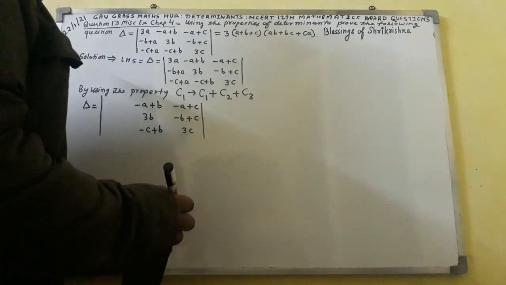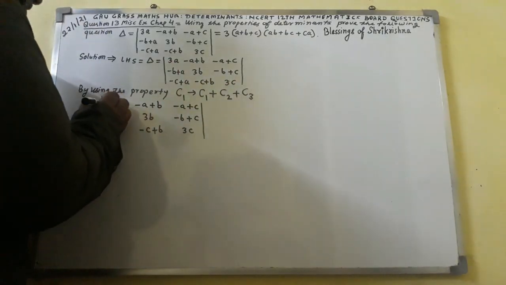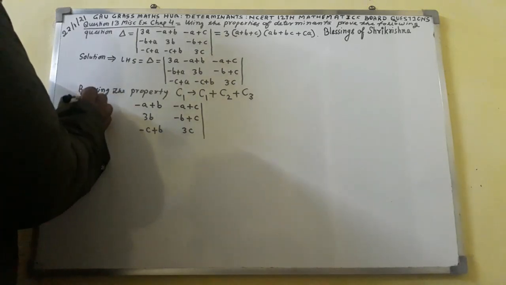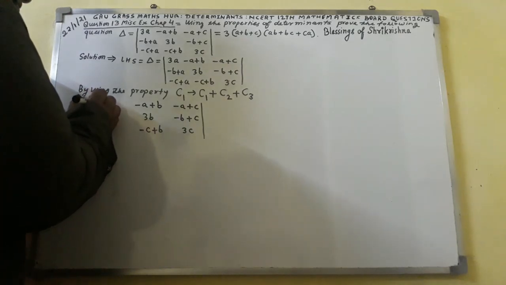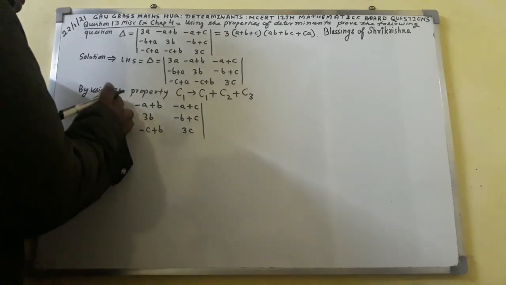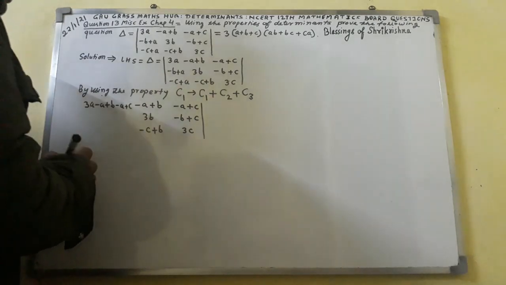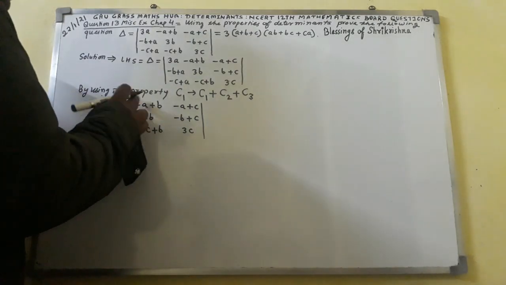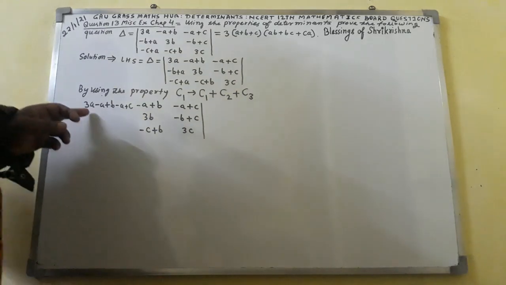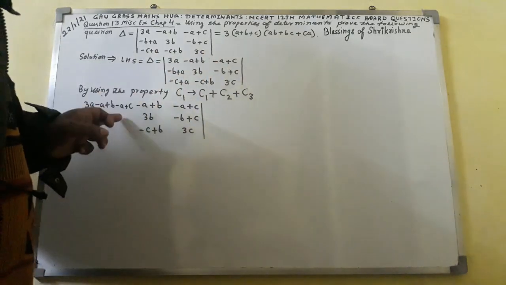If you add C1 plus C2 plus C3, here write 3a added to minus a plus b added to minus a plus c. 3a plus minus a plus b, minus a plus c I have written.